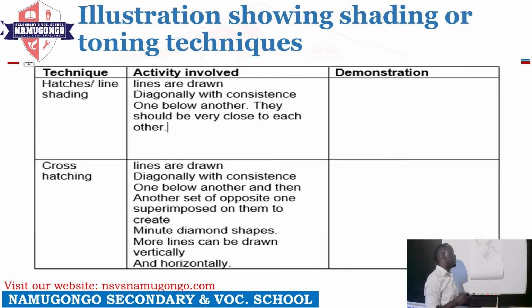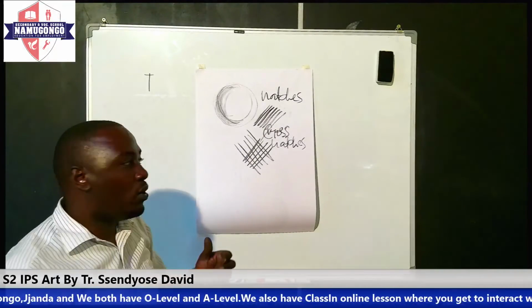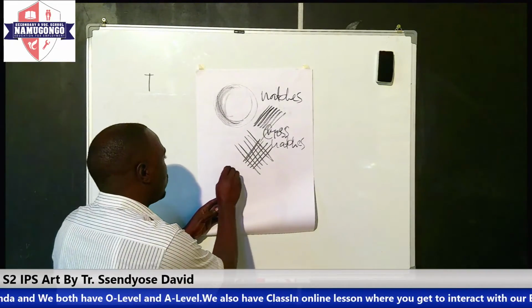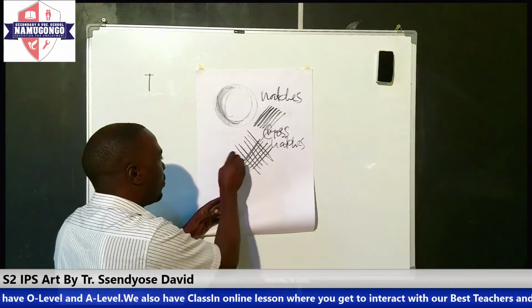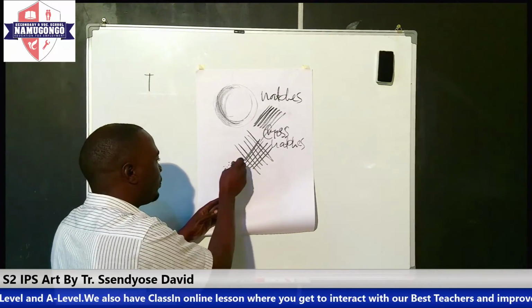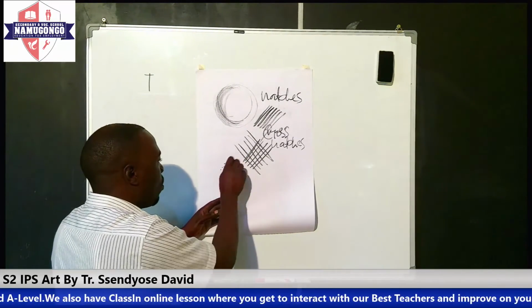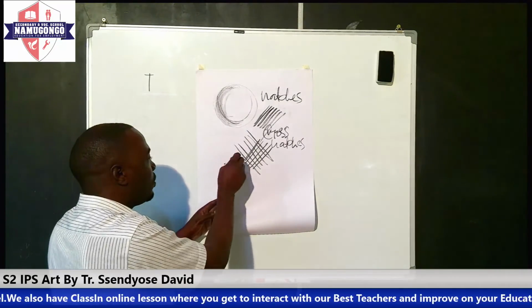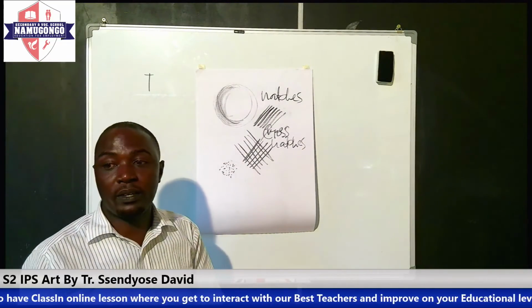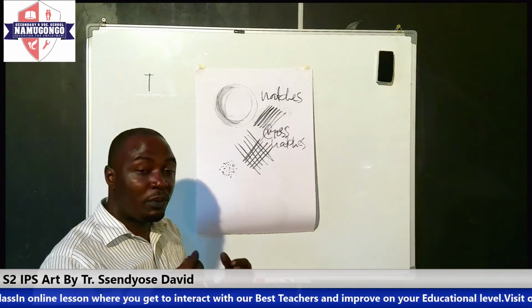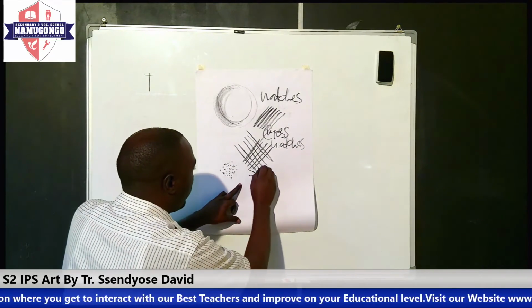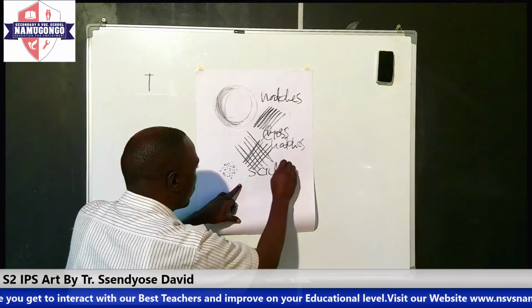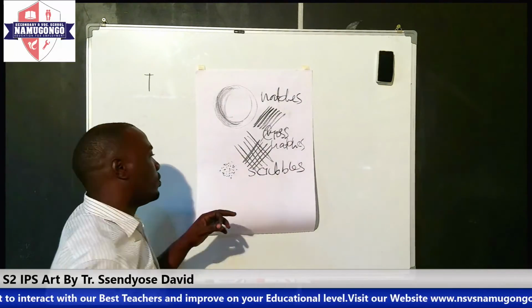Then with the stippling, we use dots. With stippling we are supposed to produce a tone, or shade, using dots. We can refer to these as scribbles.